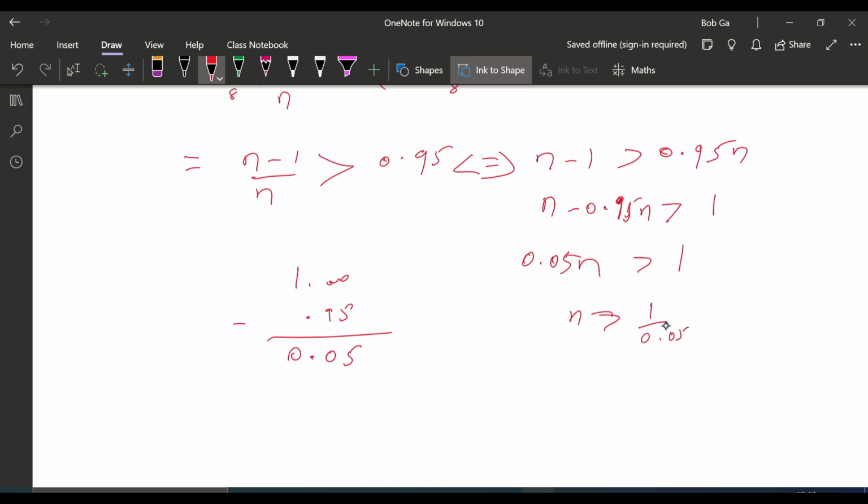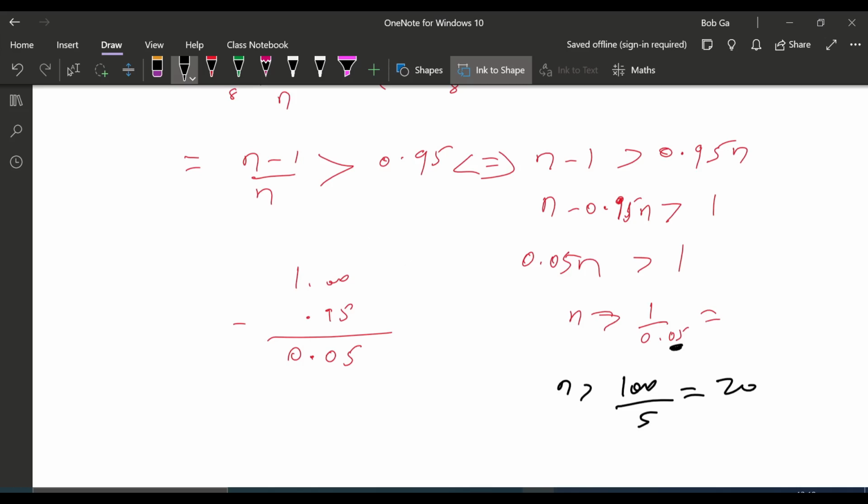So n is greater than 1.00, and we move 2 decimal places because of these 2 decimal places. So to equate that, divided by 5 now, it'll be 100 divided by 5, which is going to give us 20. So n is greater than 20.